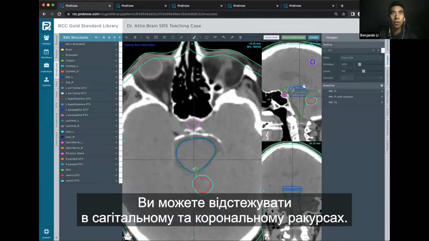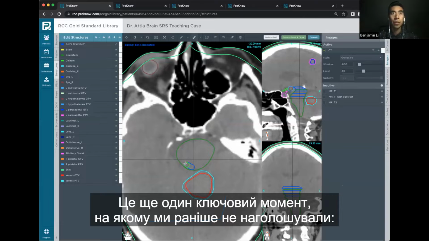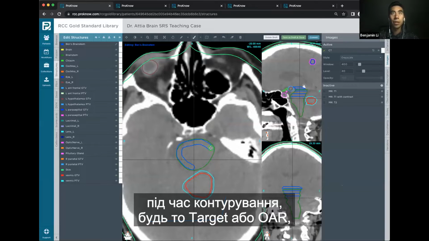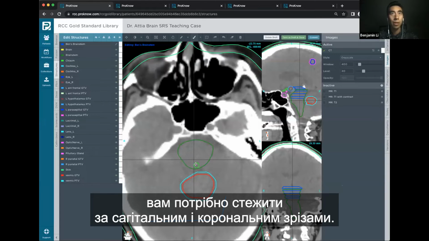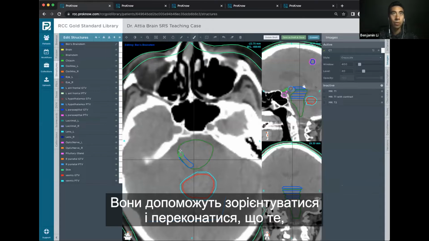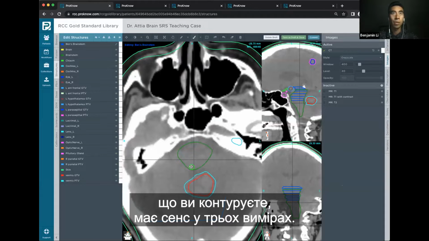You can keep track in your sagittal and coronal views. That's another key point that hasn't been emphasized already, that anytime you're contouring, whether it's target or OARs, you want to keep an eye on your sagittal and coronal views. They can help orient you and make sure that what you're contouring makes sense in 3 dimensions.